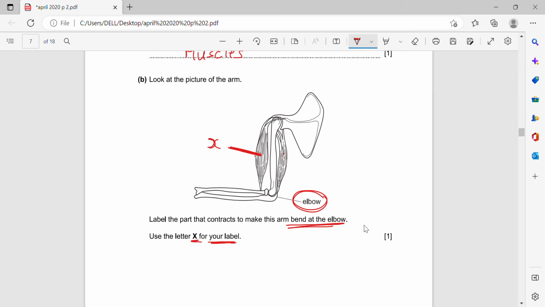So I label it X. A quick reminder, what's the name of this muscle? This is the biceps. This is the triceps. Okay? And this is the elbow. So the biceps contract to make the arm bend.